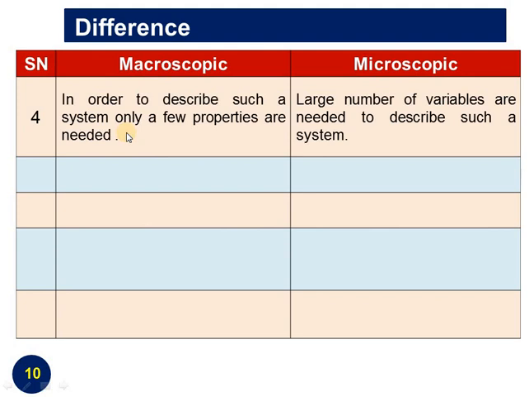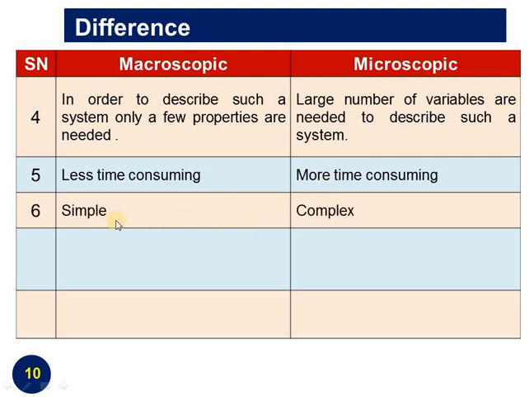If we want to describe a system in a macroscopic approach, we require only a few properties like pressure, temperature, volume. But in case of microscopic approach, we require a large number of properties to define the system. The macroscopic approach is less time consuming, and the microscopic approach is more time consuming. In the macroscopic approach, the calculation is simple, and in the microscopic approach, the calculations are complex.